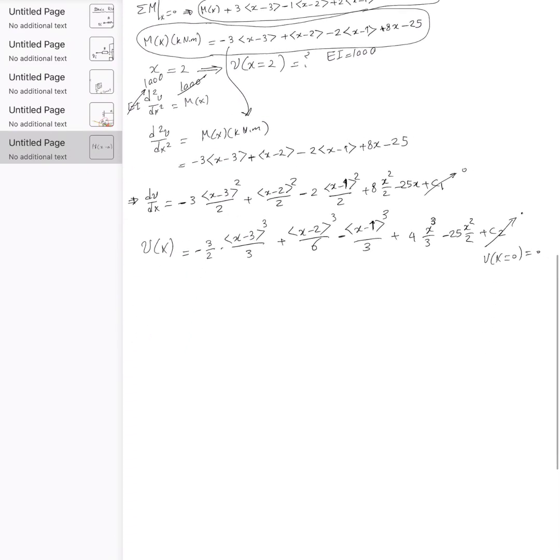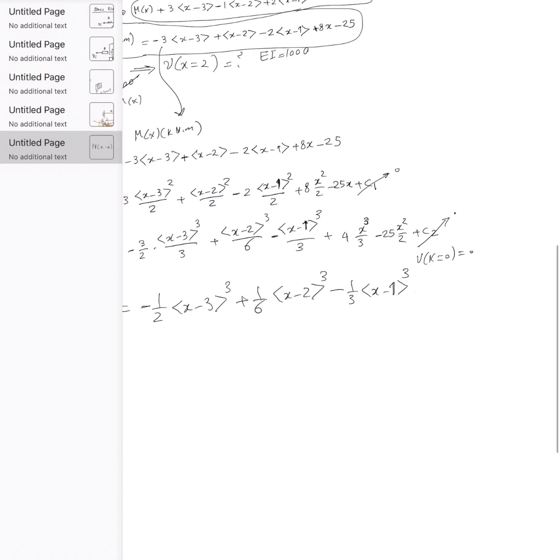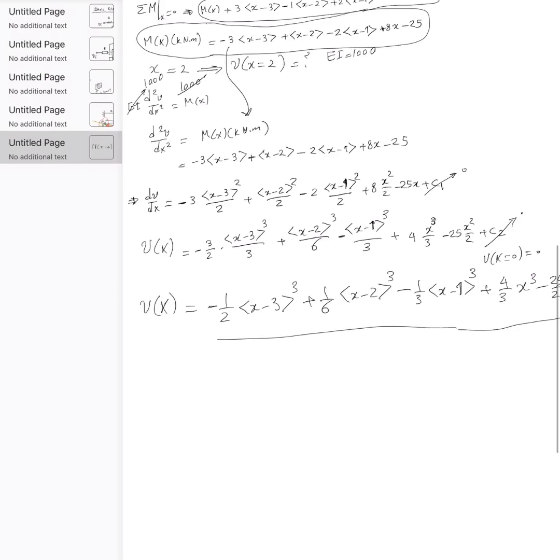Then your equation of the neutral axis, v at any x, is equal to negative 1 over 2 (x minus 3) cubed, plus 1/6 (x minus 2) cubed, minus 1/3 (x minus 1) cubed, plus 4 over 3 x cubed, minus 25 over 2 x squared. That's what you get for deflection.